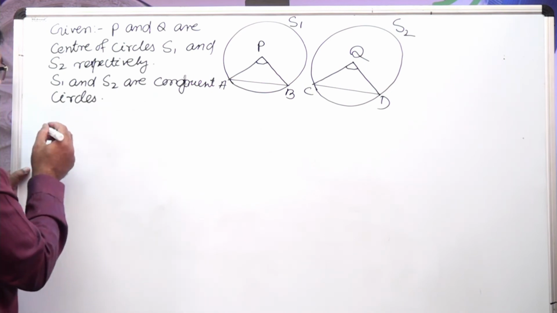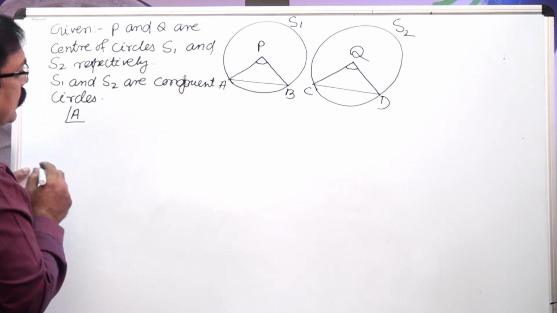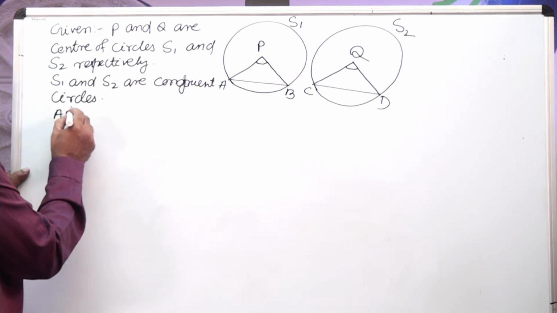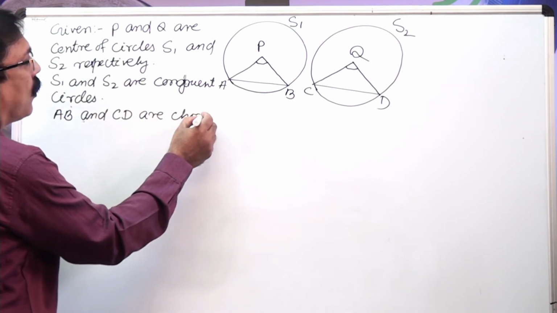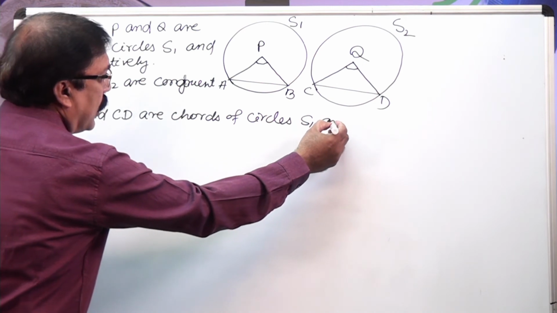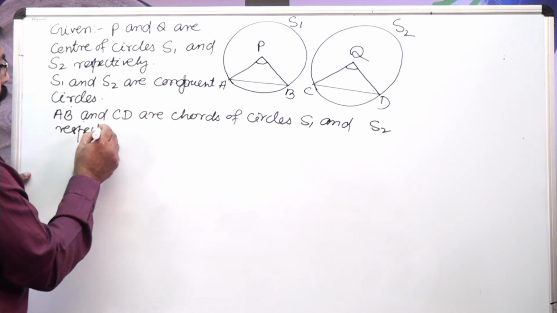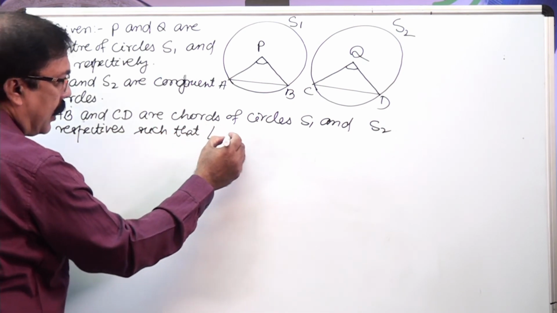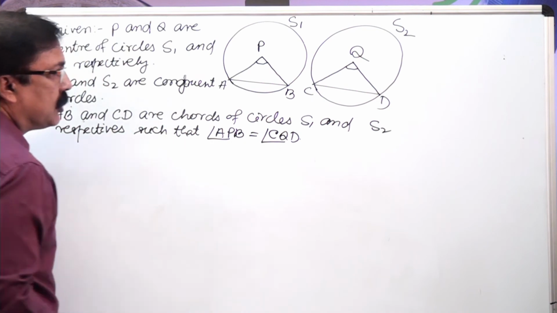Now you see, AB and CD are chords of circles S1 and S2 respectively, such that angle APB is equal to angle CQD.